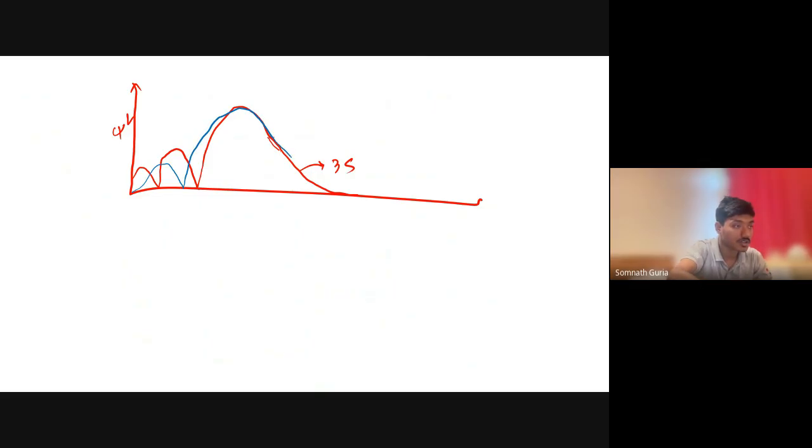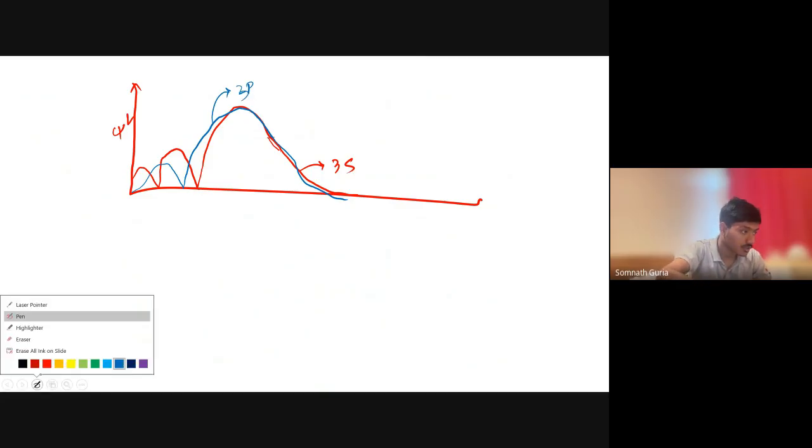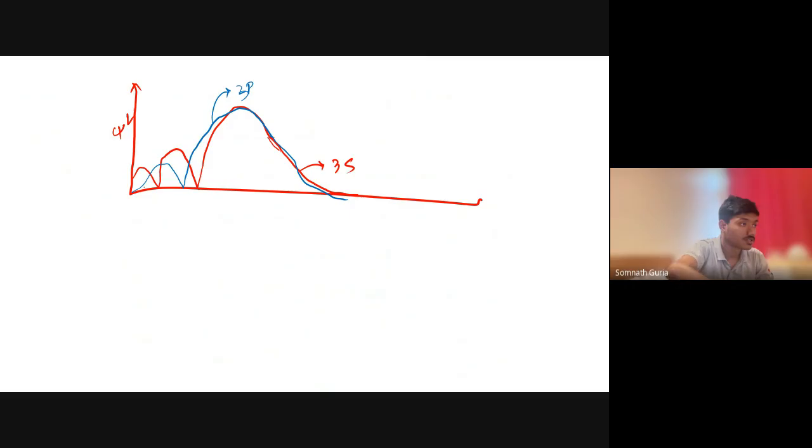This is the radial distribution for the 3p, and this is for the 3d, the d orbital radial distribution.